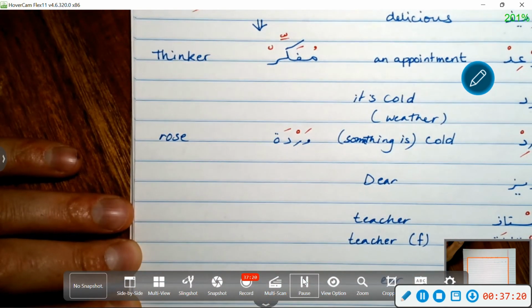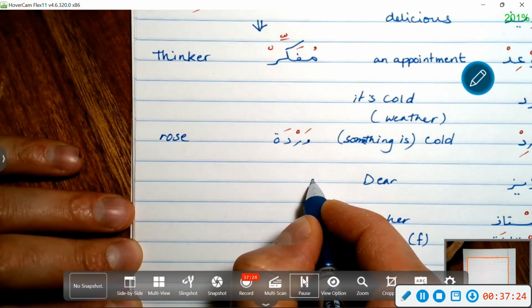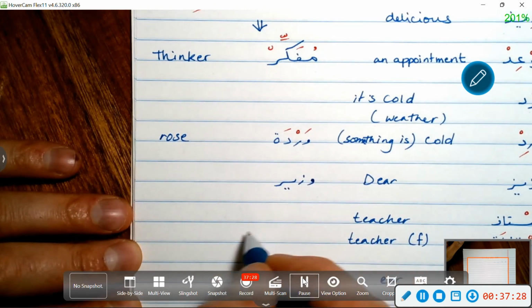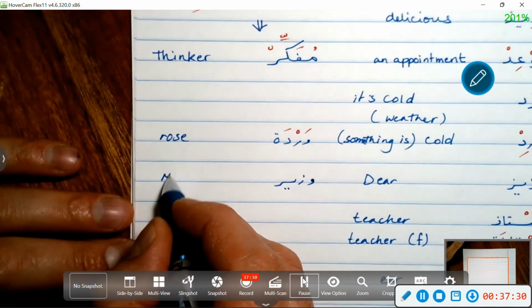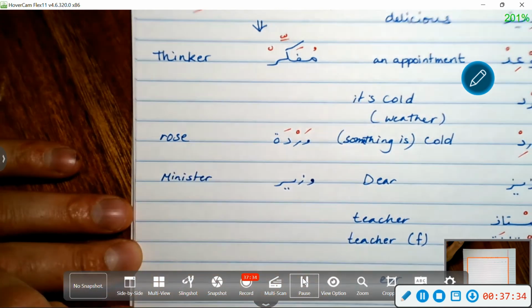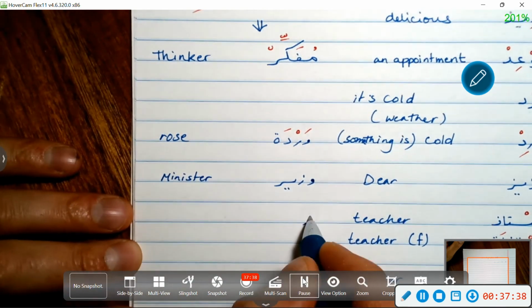I have Wazir, means a minister. I have Zarafa, means a giraffe.